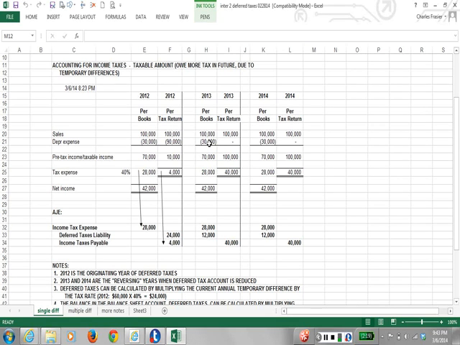The books continue to have depreciation, and as a result their profit now in year 2 and 3 is lower than the tax profit. But keep in mind that's not a problem, because we are achieving our objective in year 1. And what is that objective again?